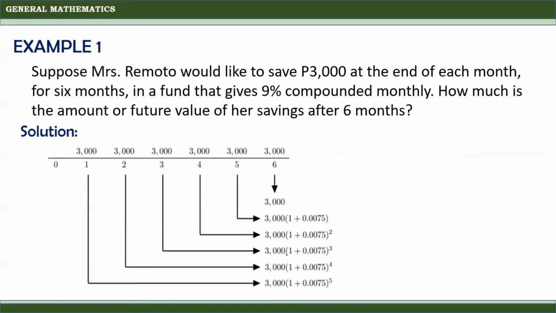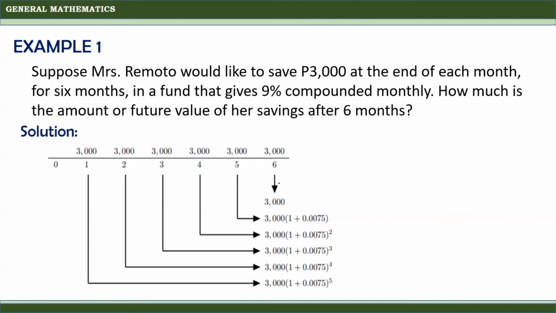The third payment will amount to 3,000 quantity 1 plus 0.0075 raised to 3. The fourth payment will amount to 3,000 quantity 1 plus 0.0075 raised to 2. The fifth payment will amount to 3,000 quantity 1 plus 0.0075.